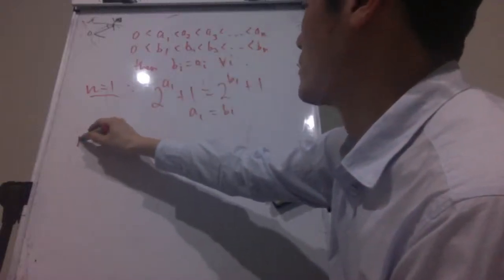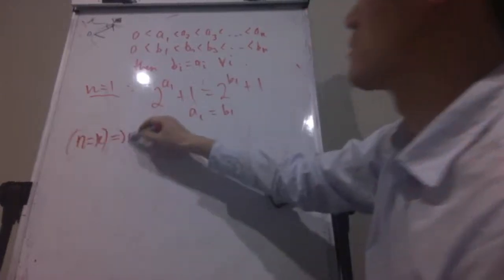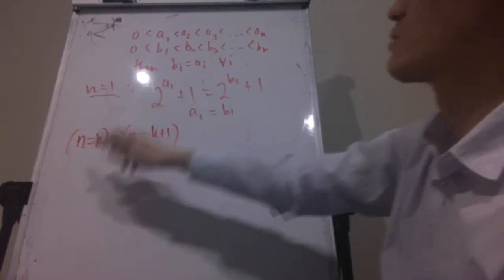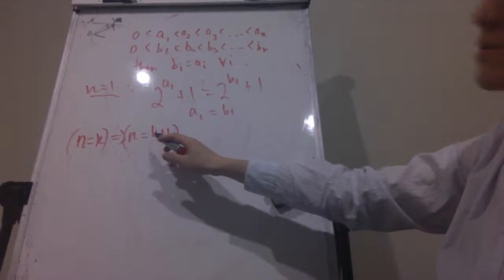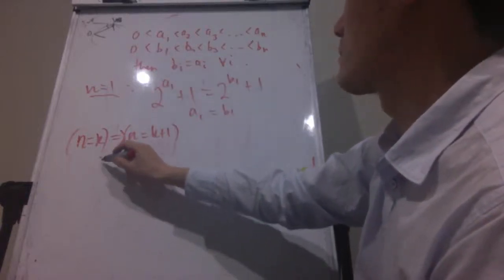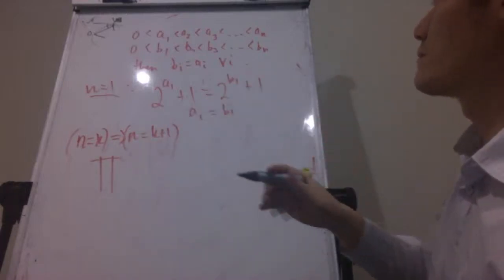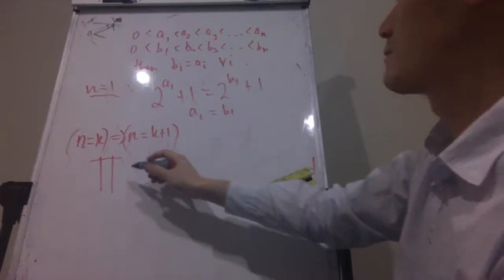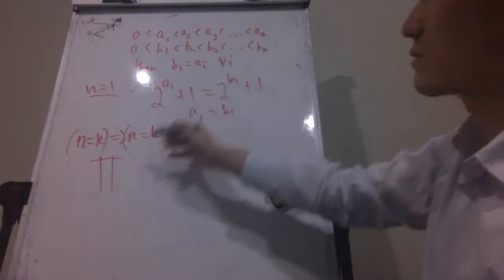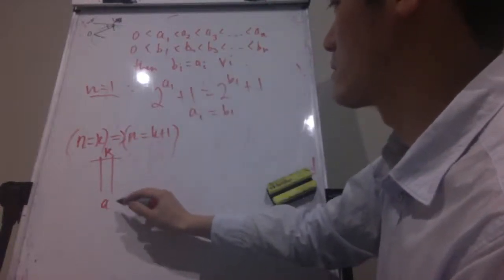Now we want to show that n equals k implies n equals k plus 1. So we have that anytime you have k different numbers like this, and maybe you can call it A.